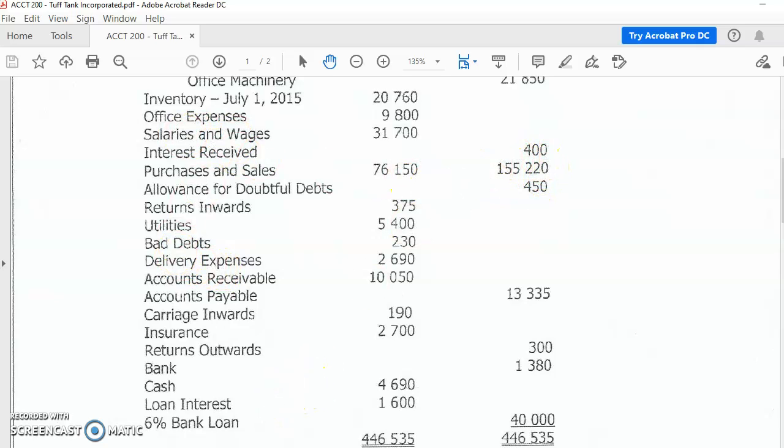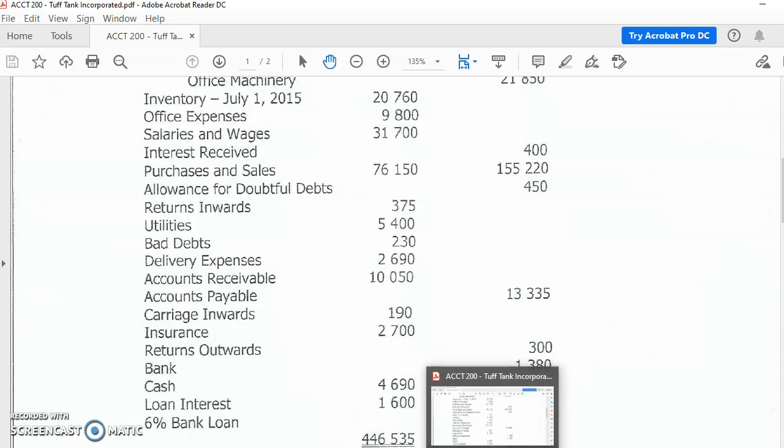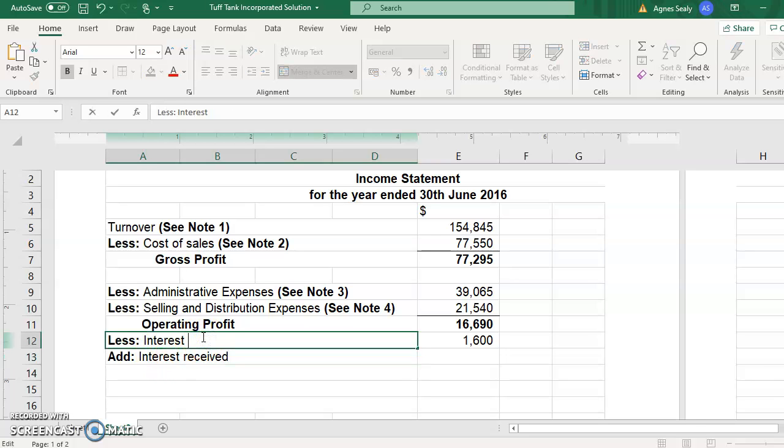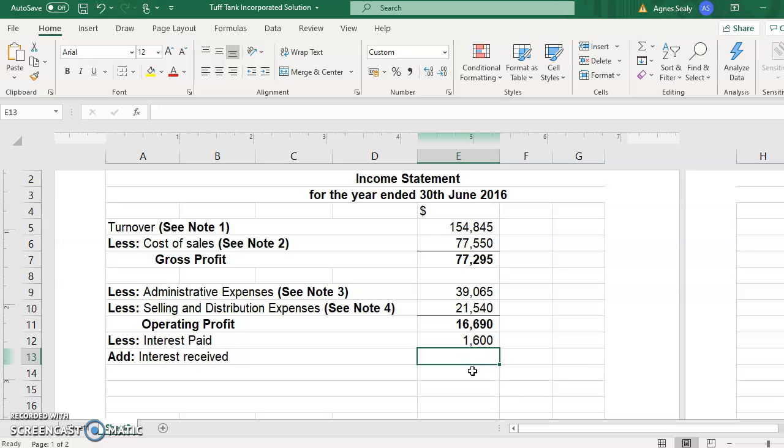So this is money coming in, so that's additional revenue. So therefore we are going to add interest received. So the first one is interest paid, $1,600, and our interest received is $400.